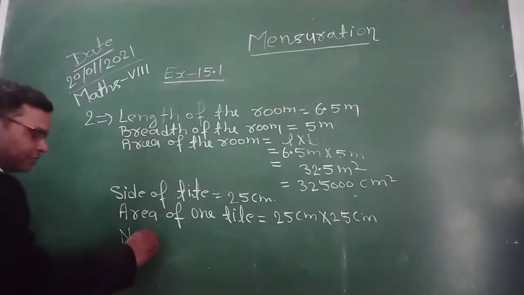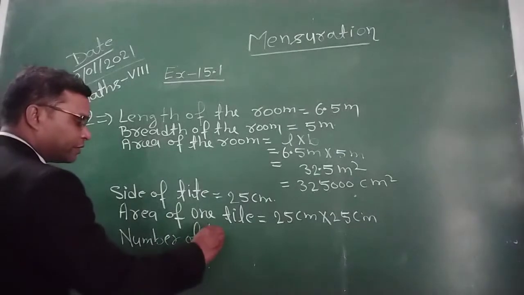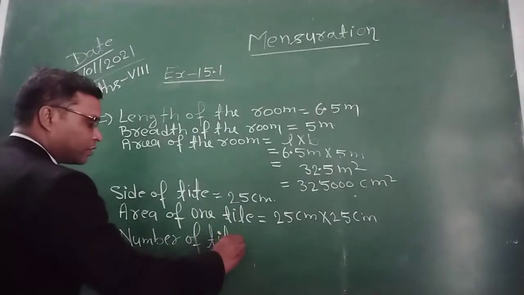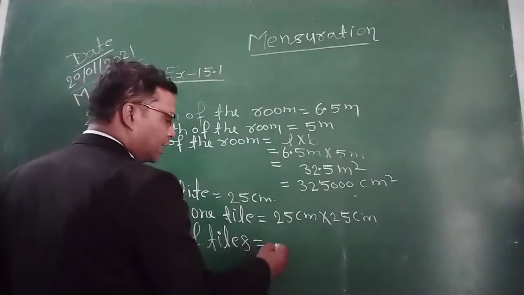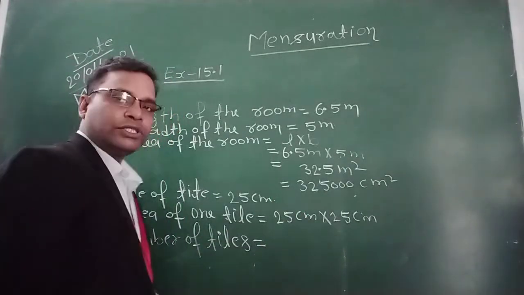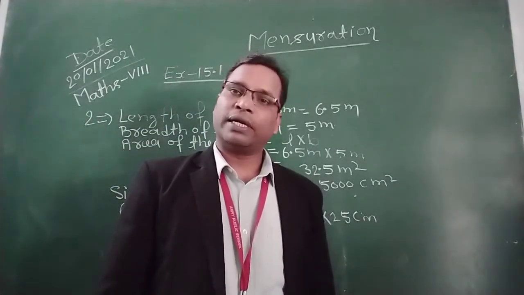Now we need to find the number of tiles. Number of tiles is equal to area of room divided by area of one tile.